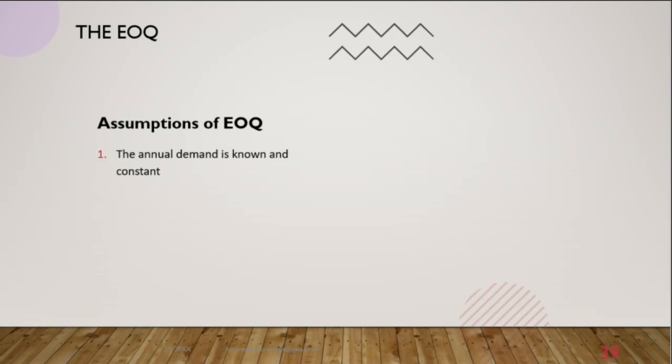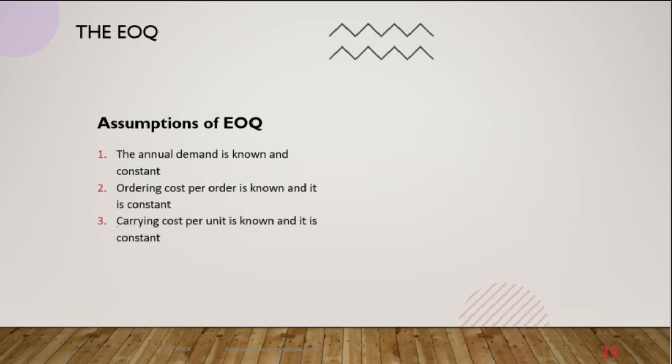That is to say, the total demand next year, you know it, and it is constant, which means it's not going to change, which means all your plans on that demand will work. Then another assumption is that ordering cost per order is known and it is constant, which means it will not change. It is with certainty it will not change.